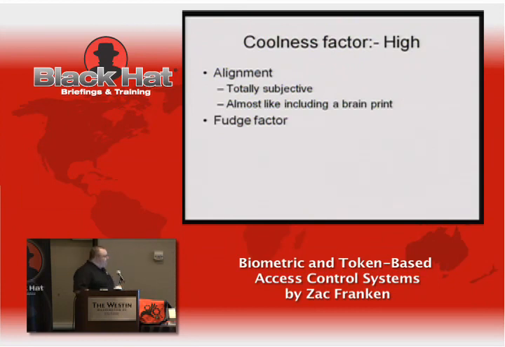You've still got the fudge factor, which again is another way one of these systems can fail. If the administrator is getting a lot of users complaining they're getting bad reads, he can reduce the strictness of the alignment, and that can allow more false positives.